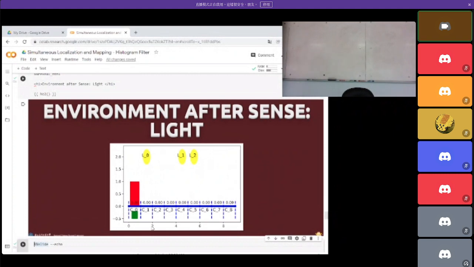Now, that's because when we do the update step, what happens to our uncertainty? When you think back to Kalman filters, when we did the update step, what happened to the variance of our Gaussian? My current Gaussian, right? That's where I think I am.